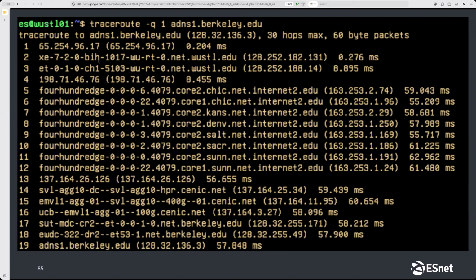I'm not sure. But I don't know what else BIH would be. I looked on the map at WashU, and that's the only one I could think that made sense. And then here, these I know because I'm right near campus, but that's Sutardja Dai Hall, that's Earl Warren Data Center. I know where a lot of that stuff is. But you have to kind of know the campus. Yeah, exactly. Good point.